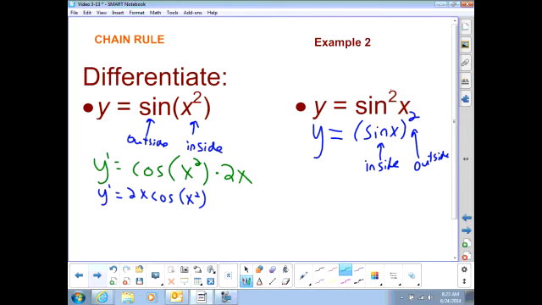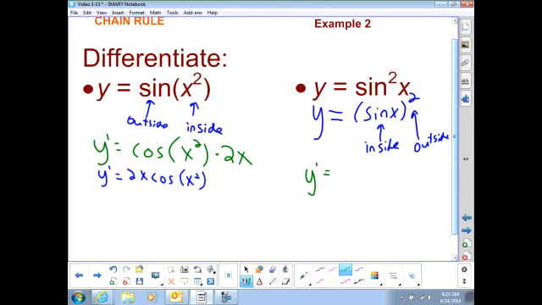So when we take the derivative, we'll do the outside's regular derivative rule first. When we have something squared, the 2 comes out front. Again, remember you keep the inside function the same, and the exponent will go down 1. So you do the regular rule for whatever the outside function is.